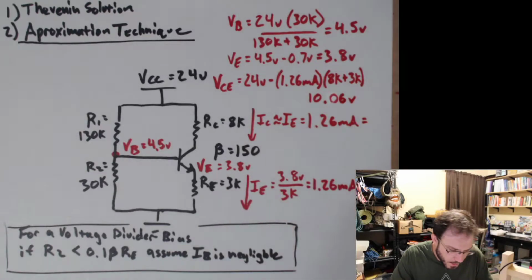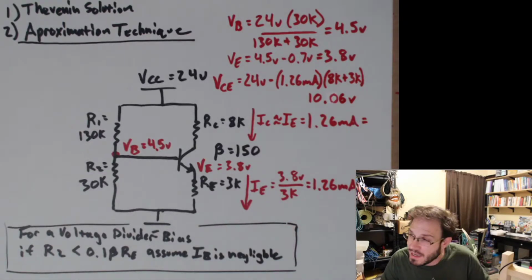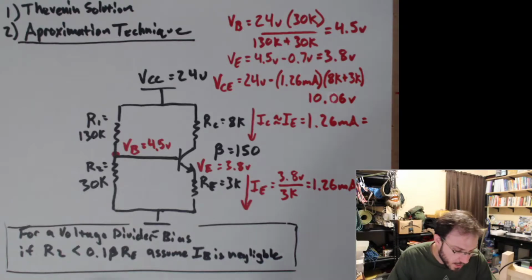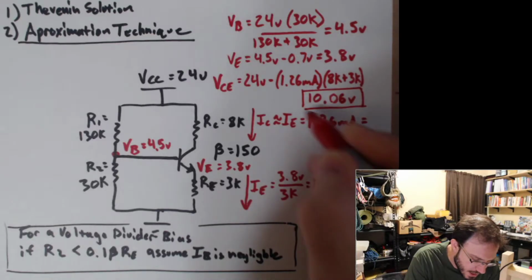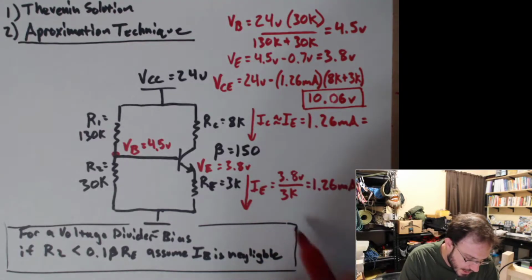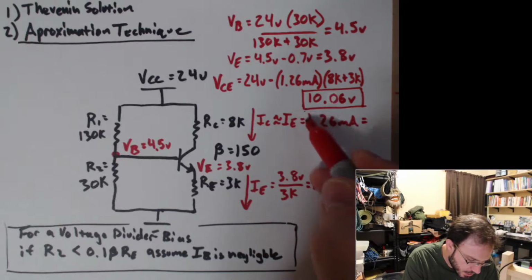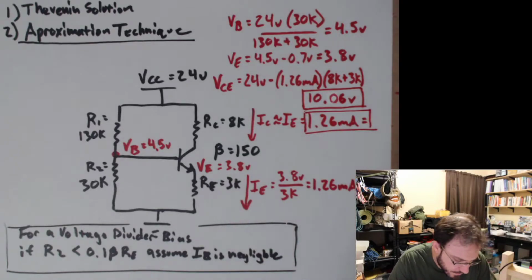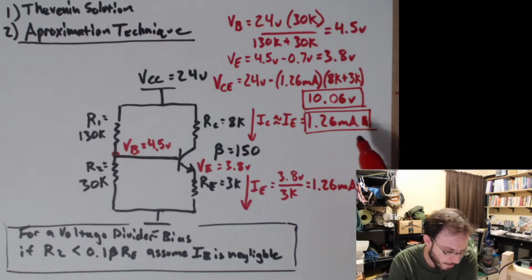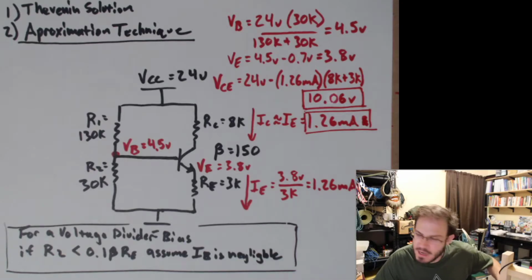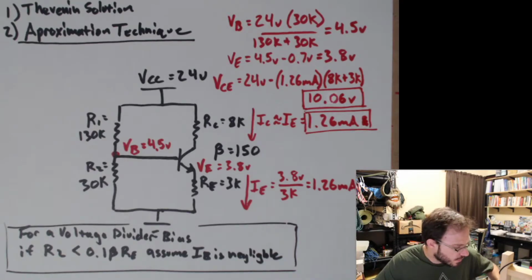volts. Okay, so we actually have everything that we need in order to place our Q point on a load line. We have 10.06 for our VCE, and we have our collector current. And that tells us exactly where this transistor is currently biased.